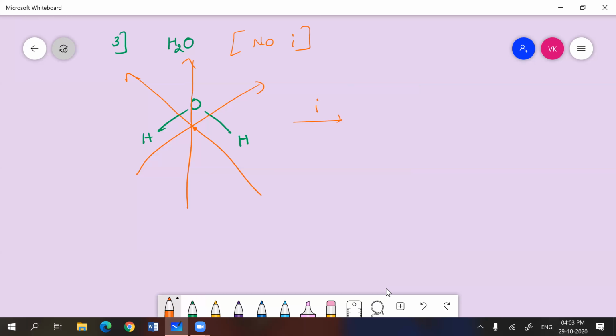How can we prove that? Let us invert this molecule. If you do inversion through this center of gravity, you get this structure. Are they both same? No, these are not same. That's the reason why water does not have a center of symmetry. In this way, if you observe only these 2 points, you can easily identify which have a center of symmetry and which do not.